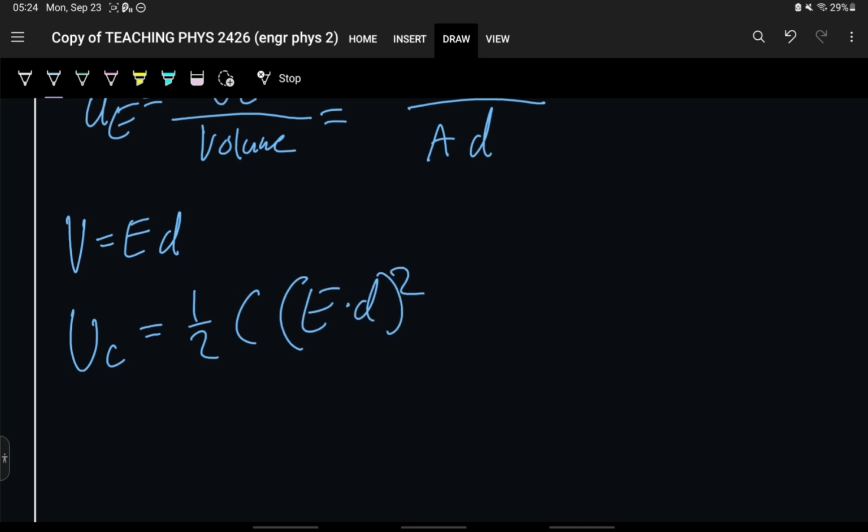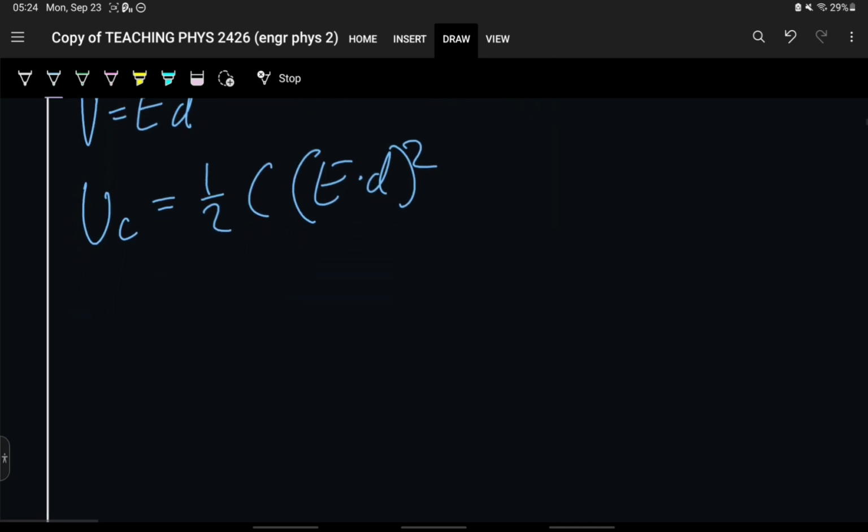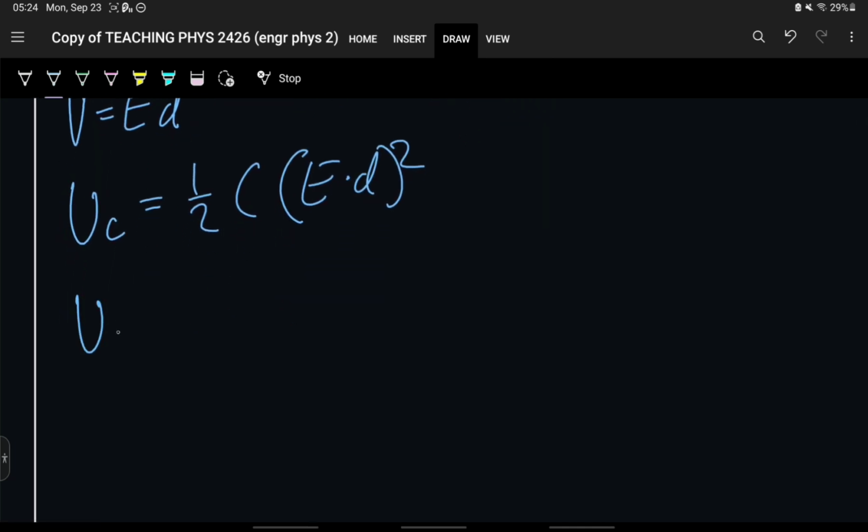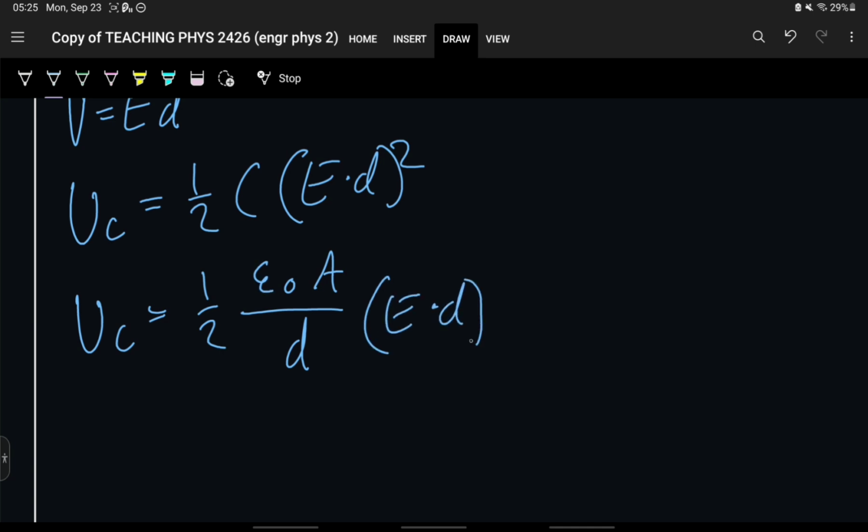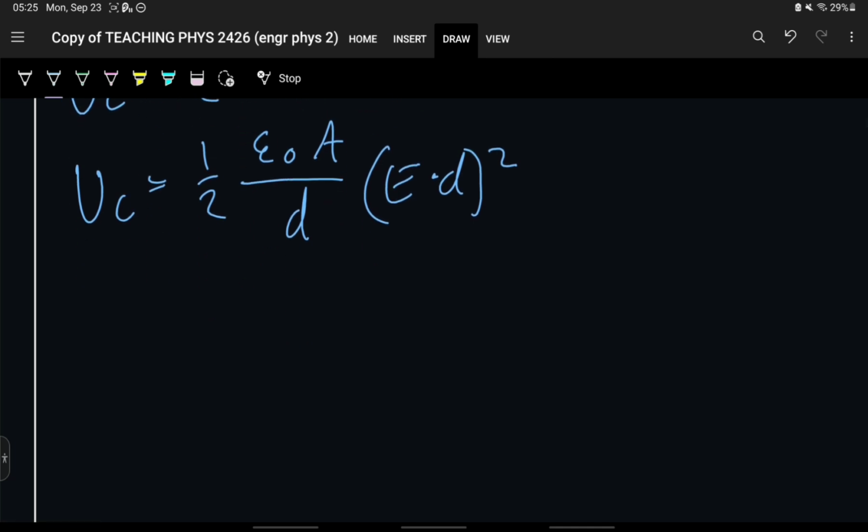And we can substitute C is equal to epsilon 0 times A all divided by D. We get U sub C is equal to 1/2 times epsilon 0 times A divided by D, multiplied by (E times D) squared. Now we can simplify that to U sub C is equal to 1/2 times epsilon 0 times A times D times E squared.